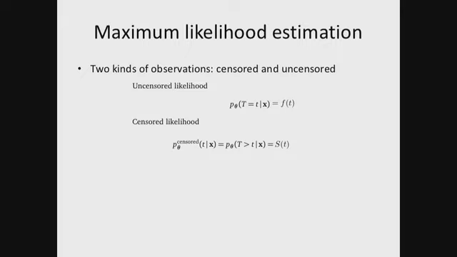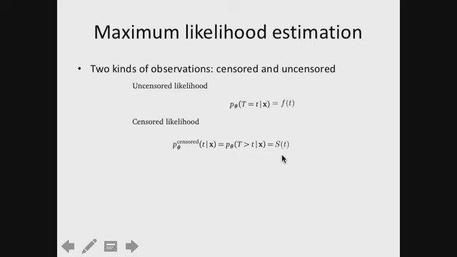But the only information we can get from it is that capital T, the event time, must have occurred sometime larger than the time of censoring, which is little t here. So we don't know precisely when capital T was, but we know it's something larger than the observed censoring time, little t. And that, remember, is precisely what the survival function is capturing. So for a censored observation, we're going to use capital S of t within the likelihood.